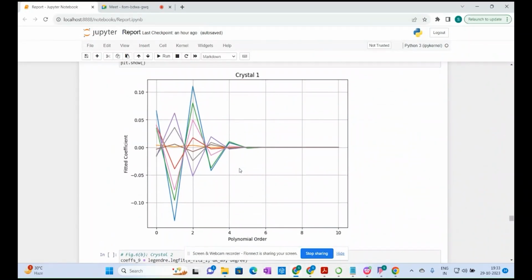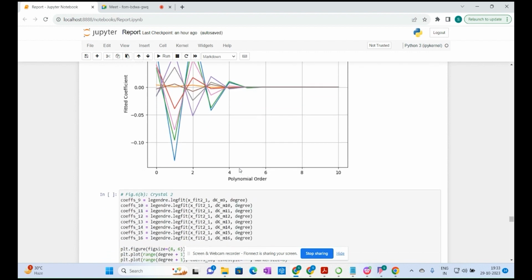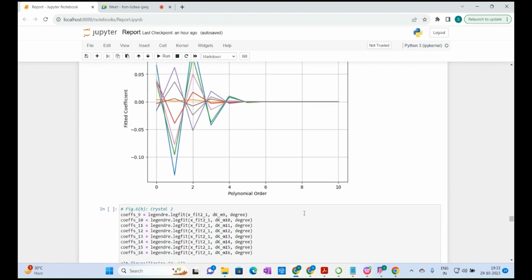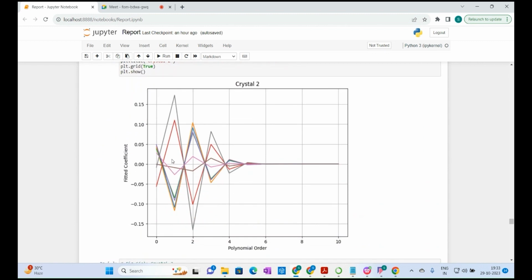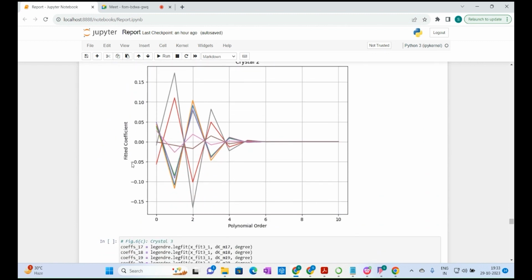So, the utility of plotting fitted coefficients with polynomial degrees is to show that the coefficients have low values, and in particular that the observed variations are mostly low order. These coefficients remain consistently below 0.25 across all orders.